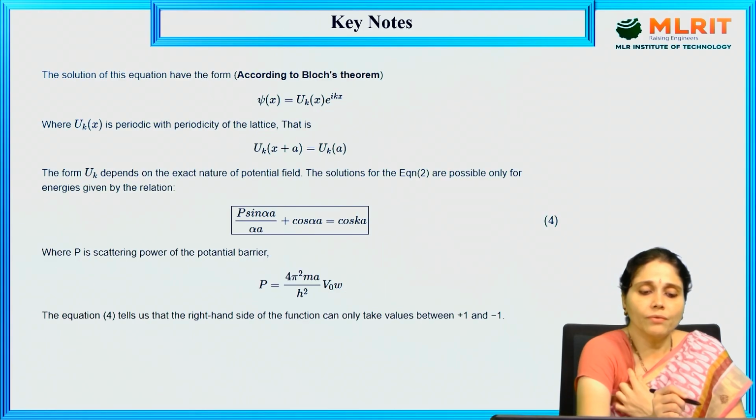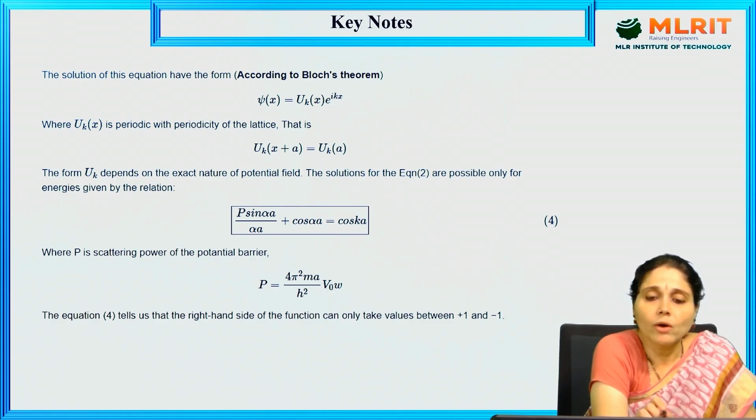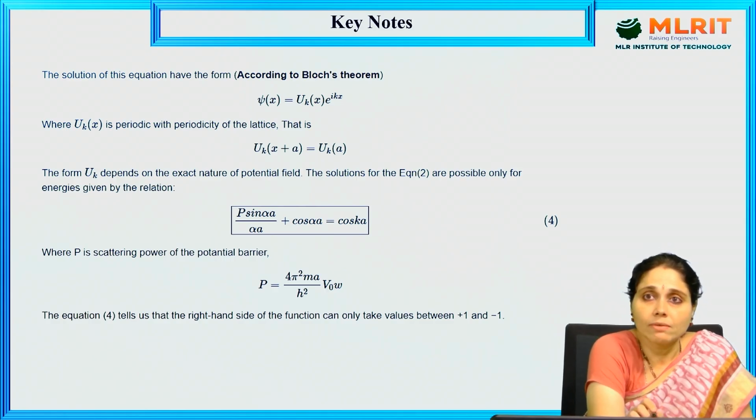The solution for this equation has the form according to Bloch's theorem: psi of x equals u k of x e to the power ikx. Here u k is periodic with the potential of the lattice, that is, u k of x plus a equals u k of x.